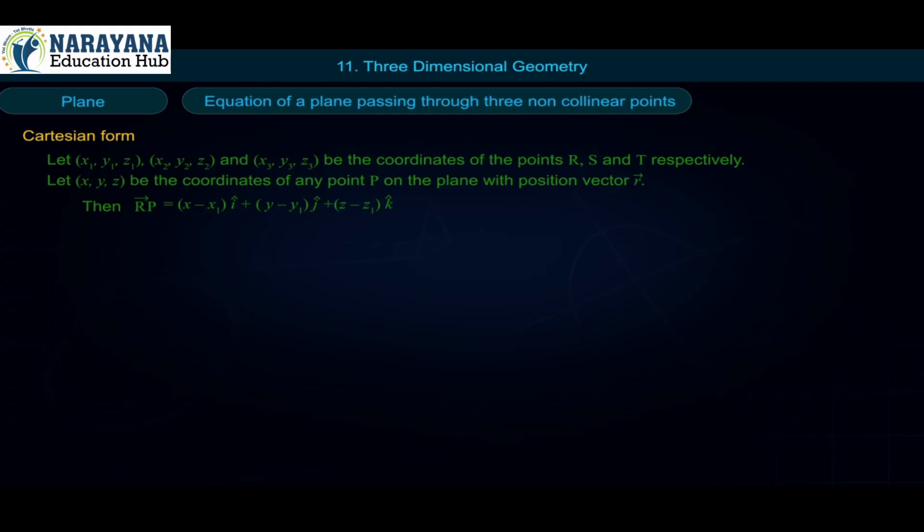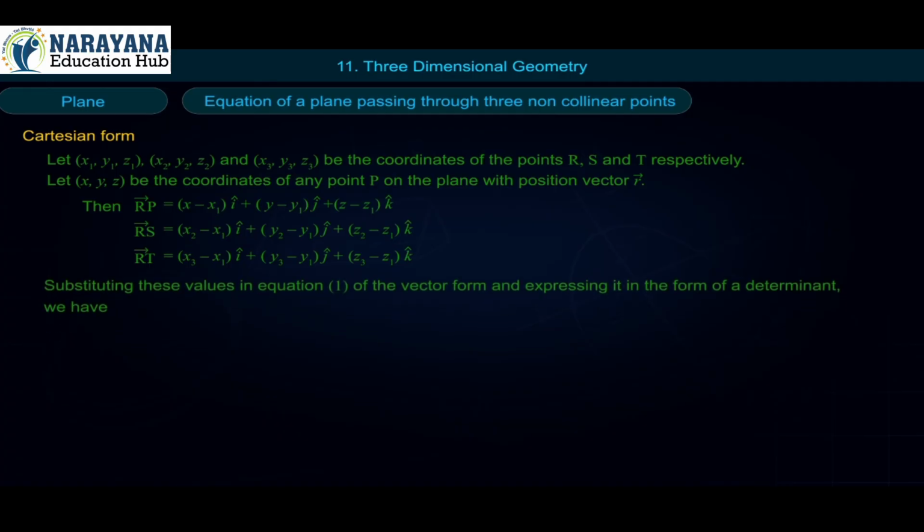Then RP = (x − x1)î + (y − y1)ĵ + (z − z1)k̂. RS = (x2 − x1)î + (y2 − y1)ĵ + (z2 − z1)k̂. RT = (x3 − x1)î + (y3 − y1)ĵ + (z3 − z1)k̂.